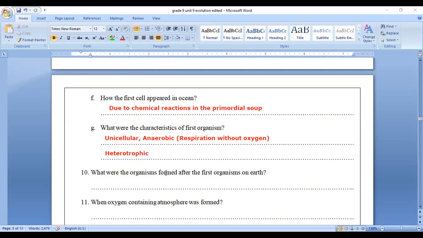So the new word is anaerobic. That's why Akil Sultan asked me what is anaerobic. Now, are you anaerobic? No, you are aerobic. You can do respiration only with oxygen. But they don't have oxygen in the atmosphere.